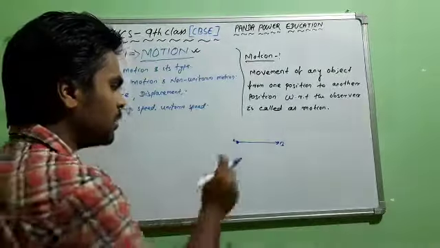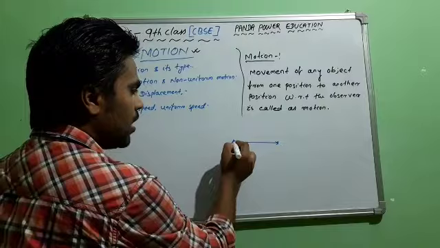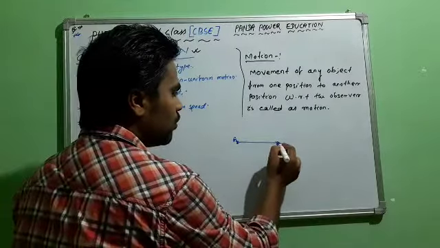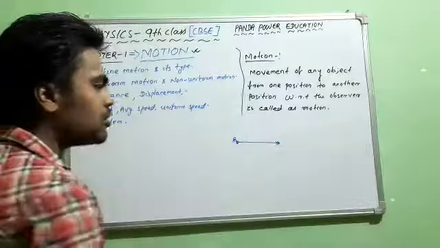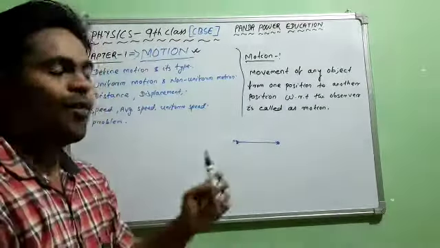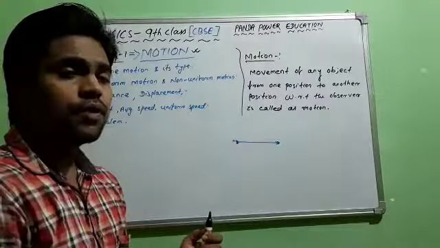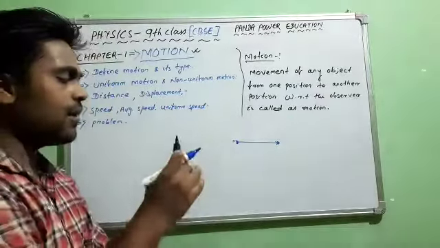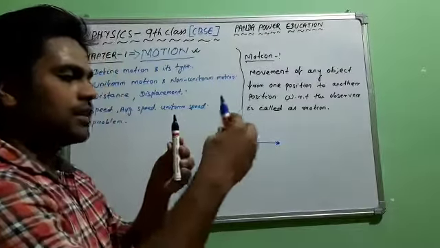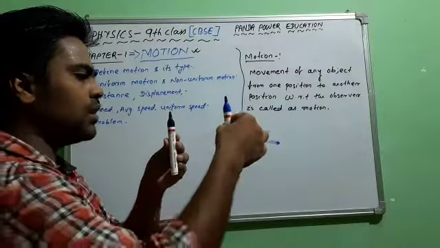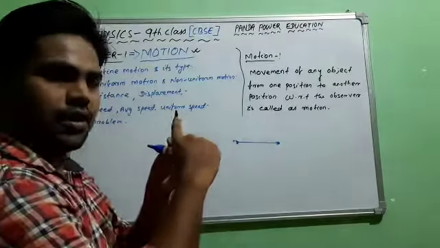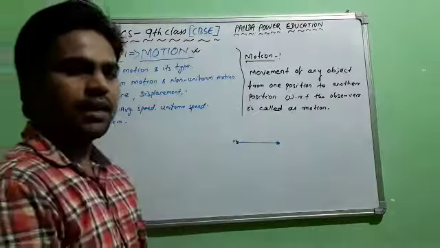An object, like here, an object is moving from here to here. So with respect to what? An observer. What is an observer? I'm giving the example here. The object and this sketch is stationary, and I'm standing here.